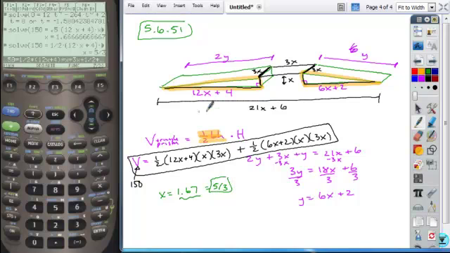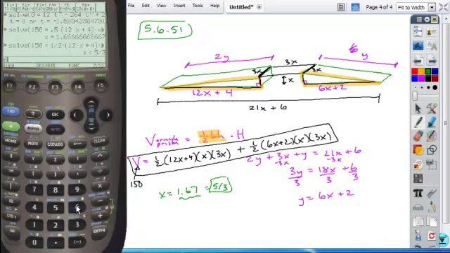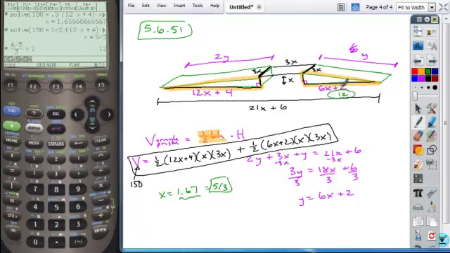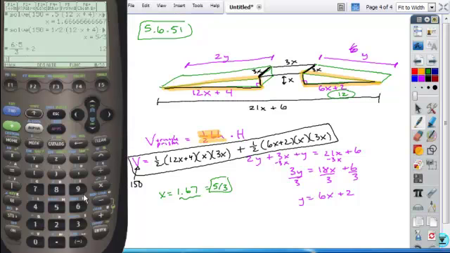And then it's just a matter of plugging it in here. So if we take 6 times 5/3 plus 2, that gives you 12 for this measure here. If I take 12 times 5/3 plus 4, now, what should I expect this to be?